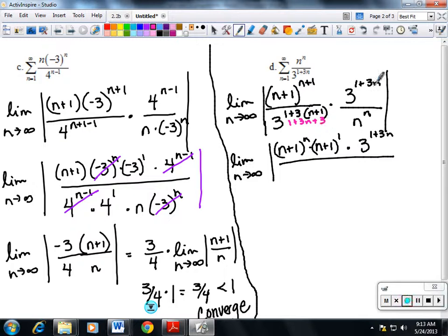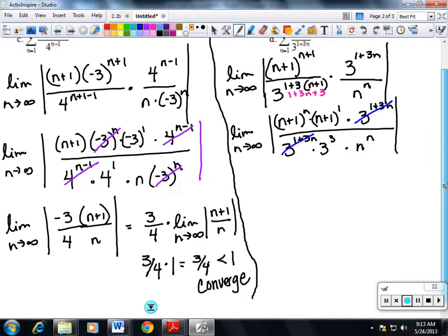You want this term to cancel out. So can I rewrite that as 3 to the 1 plus 3n times 3 to the 3 times n to the n. So that's going to be, let's see what cancels. These cancel. I think that's about it.